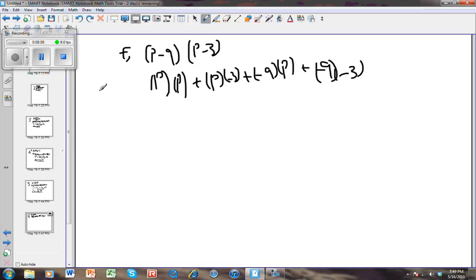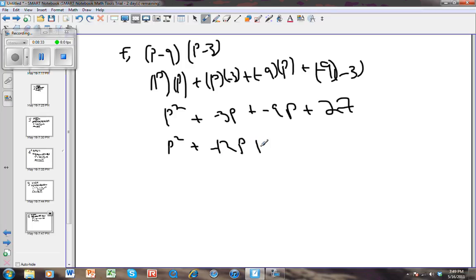All right, this is going to become p squared plus negative 3p plus negative 9p plus positive 27. Then after this, it's going to become p squared plus negative 12p plus 27. All right, struggled with that one. Done.